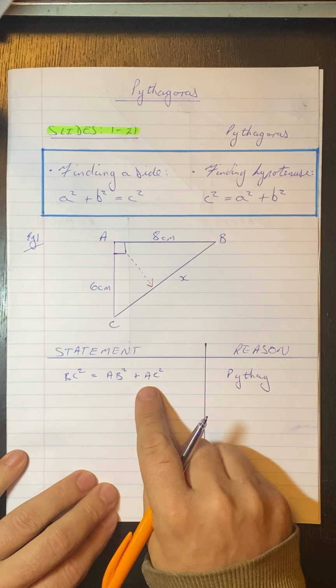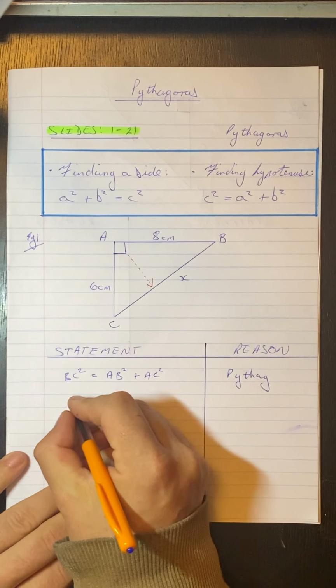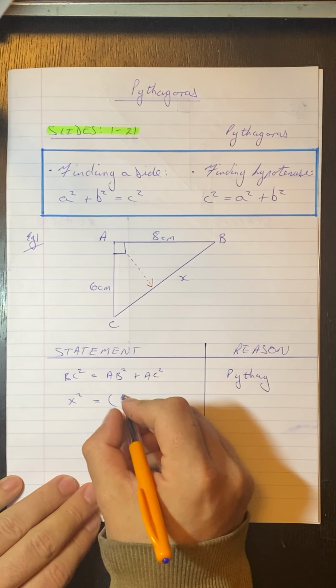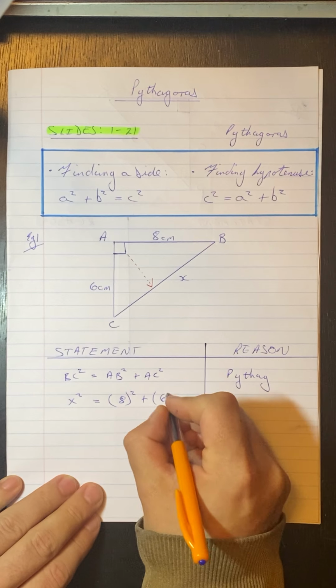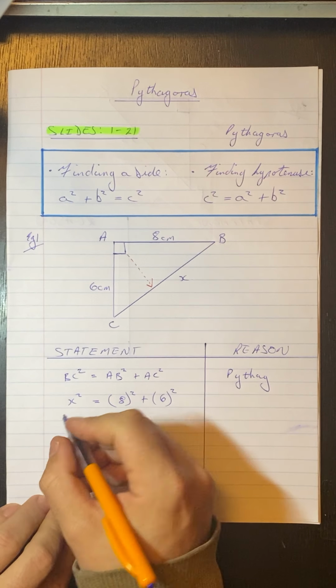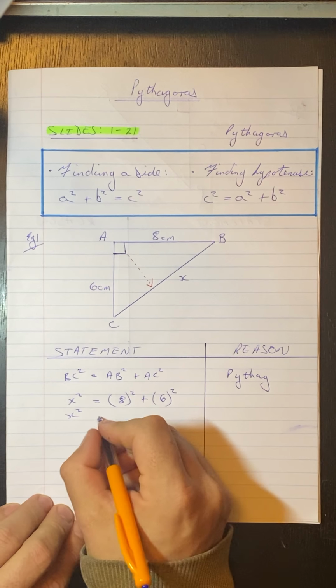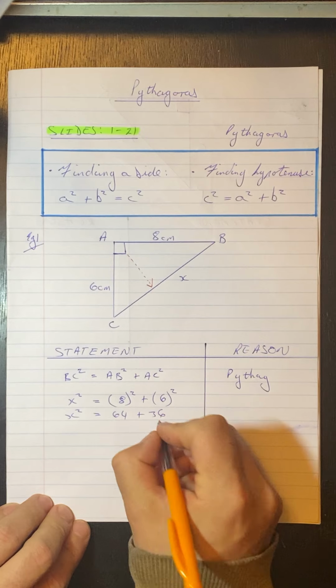Right, once I've set that up, now I can substitute my values in. So BC is x, so we get here x squared equals AB is 8 squared plus AC is 6 squared. And now I can just work out what this is. 8 squared is 64 plus 6 squared is 36.